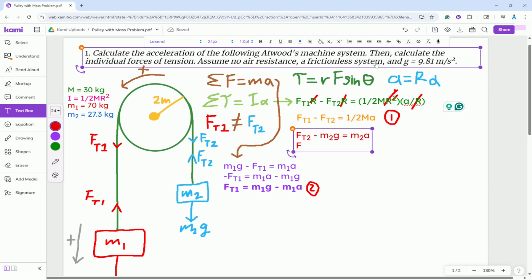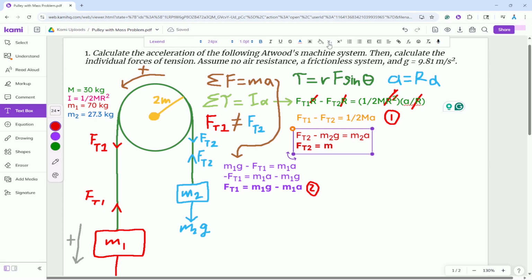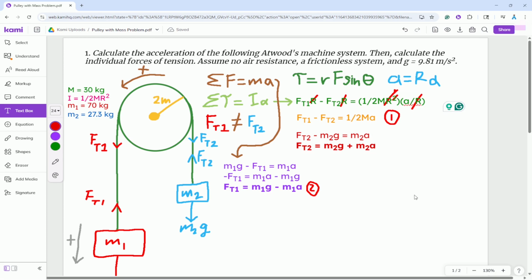And you're going to get that FT2 is equal to M2G plus M2A. And this is going to be our third equation that we're going to use.